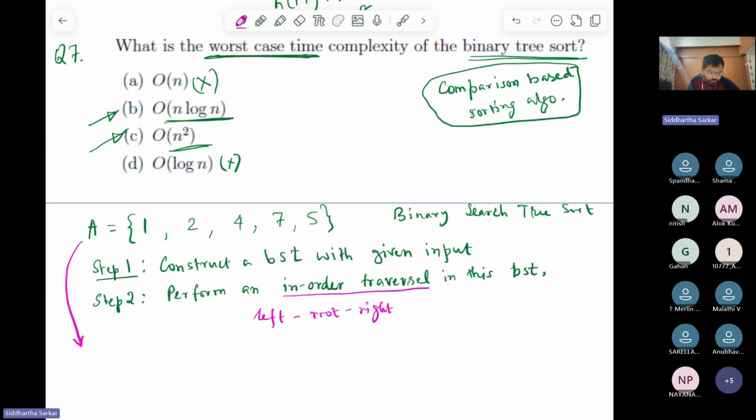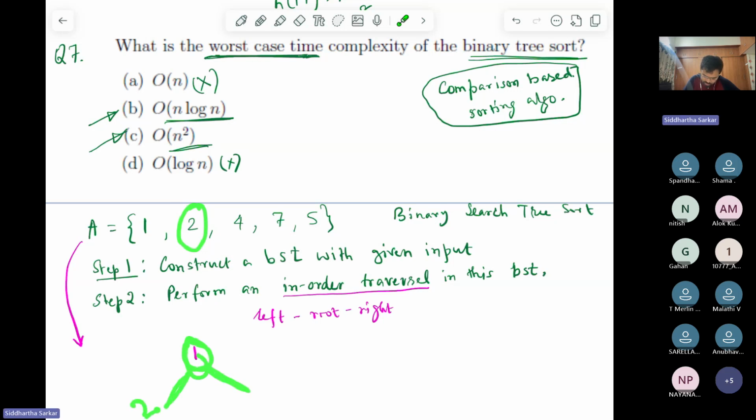Okay. So first is insert one. So there is no binary tree, an empty binary tree gets one. Okay. So we scan one, we have one. Then we scan the next number, we have two. So two is larger than one. So two will become a left child of one or right child of one.